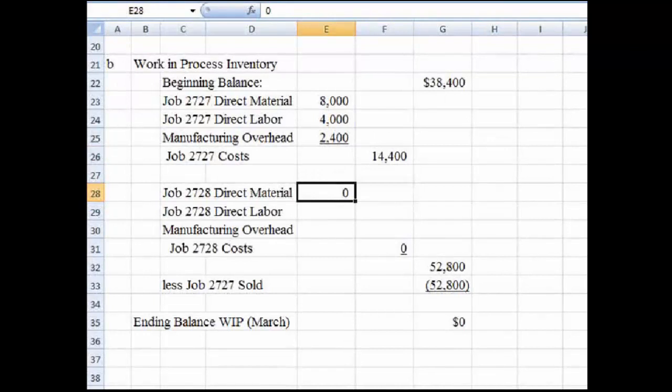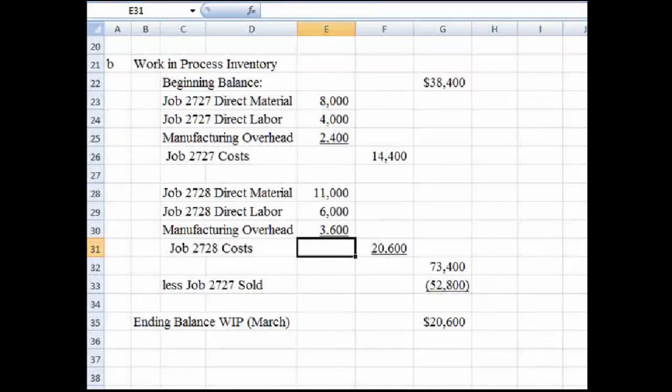That also means that the same amount is added to total work in process inventory. Below job 2727 is job 2728, with $11,000 in direct material, $6,000 in direct labor, and $3,600 in manufacturing overhead. The total for job 2728 in March is $20,600. This, of course, is also added to the work in process inventory.